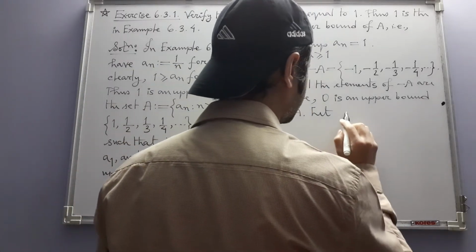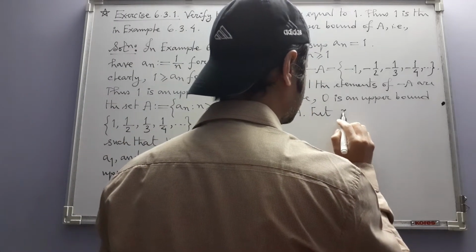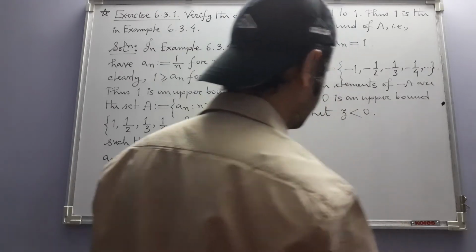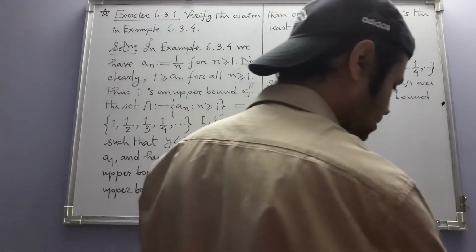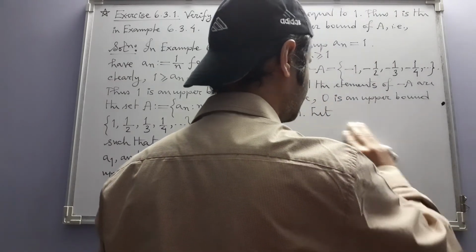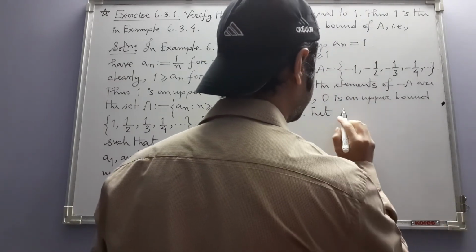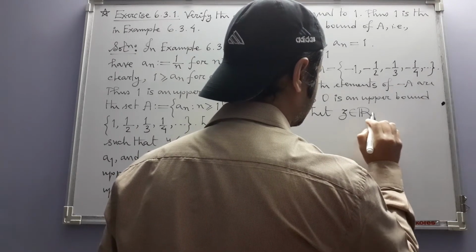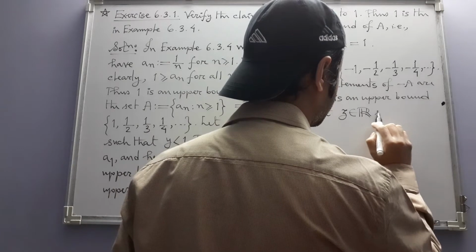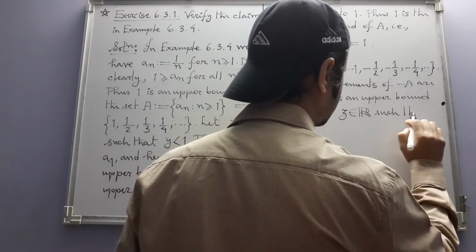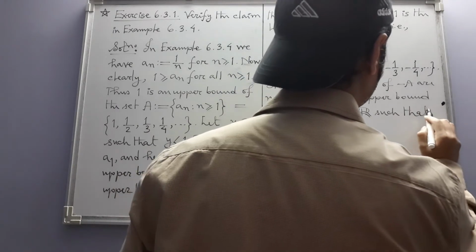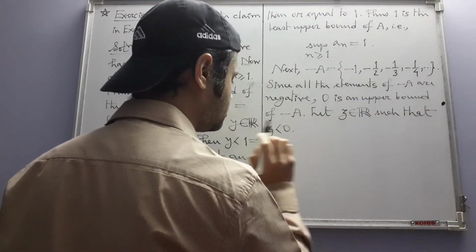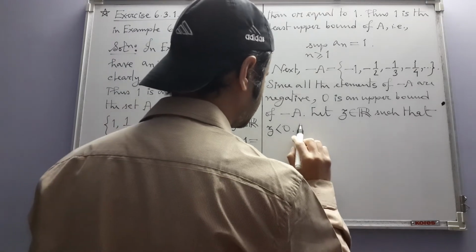So let us take some number z less than 0, or in fact let us be more specific. Let z be a real number such that z is less than 0.